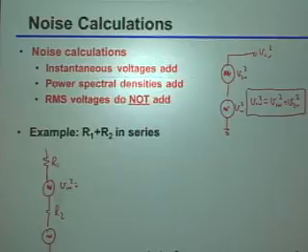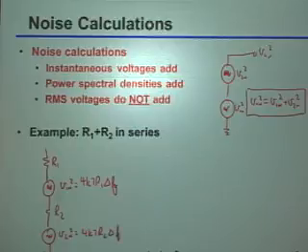What is that? Yeah, it's just going to be 4kTR1 delta F, right? Okay, similarly, what's the noise voltage due to R2? Okay, somebody's whispering it. Just speak up. Yeah, exactly. 4kTR2 delta F.